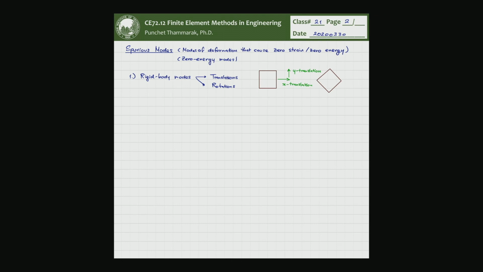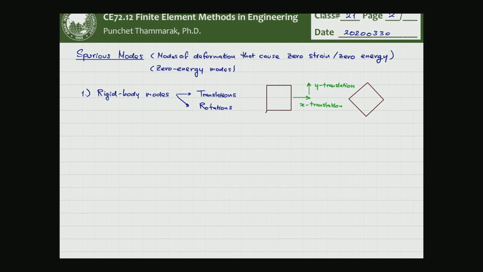Okay. So that's the first thing. If you secure your element by putting just one hinge at one corner like this, and you run the analysis, well, you can see that the boundary condition is not going to make the element stable.